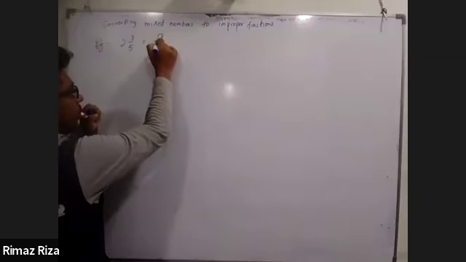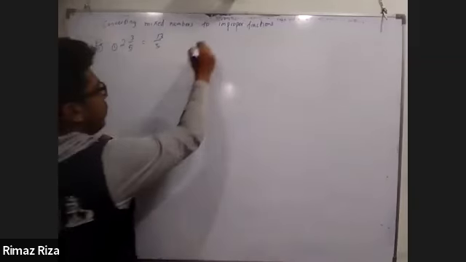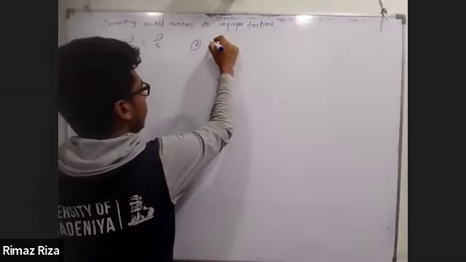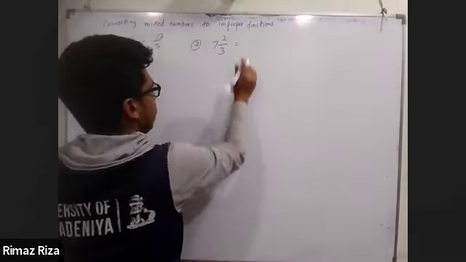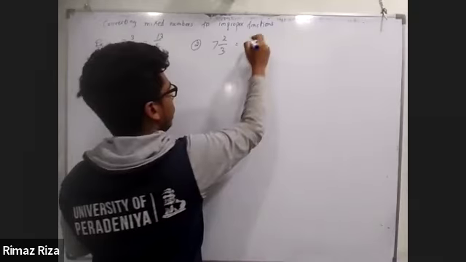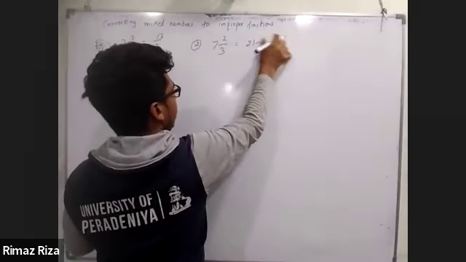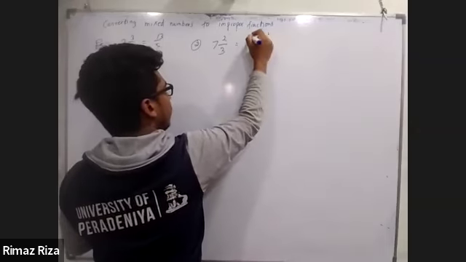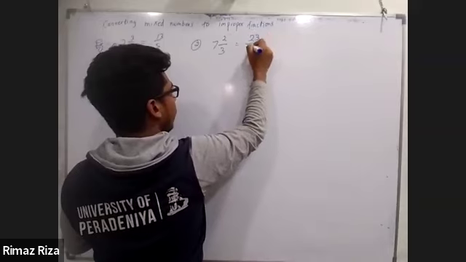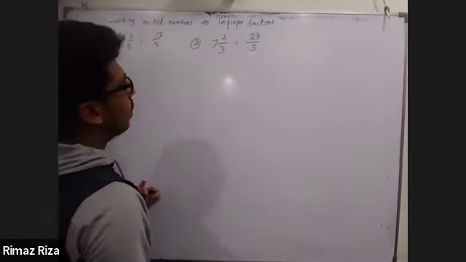So 13 over 5. This is example number 1. And second example, 7 and 2 over 3. So 3 into 7, 21. Plus 2 is 23 over 3.